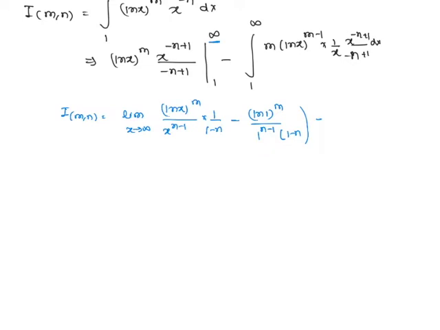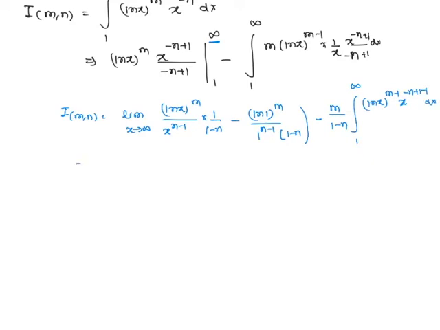Minus, here if I see, it will come out m upon (1 minus n) integration 1 to infinity (ln x)^(m-1), and it will come out x^(-n+1-1) into dx.